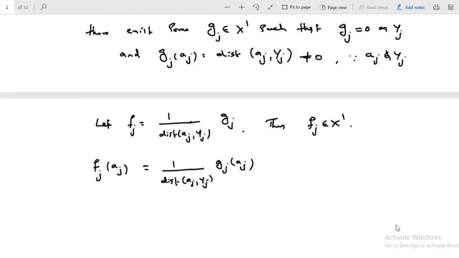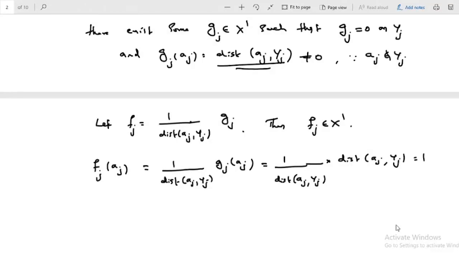The definition is (cf)(x) equals c times f(x), where c is a constant. And gj of aj is the distance between aj and yj. Therefore it is 1 by the distance between aj and yj, times the distance between aj and yj. That is 1. Same element.